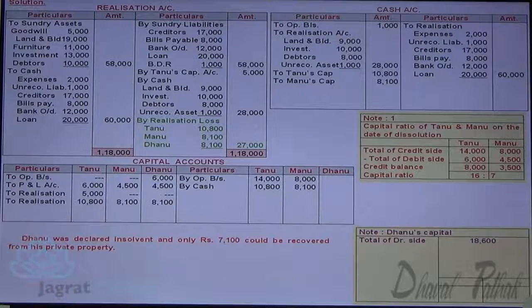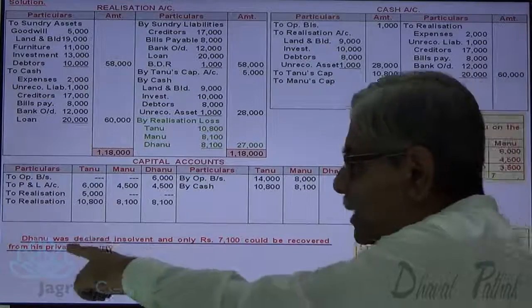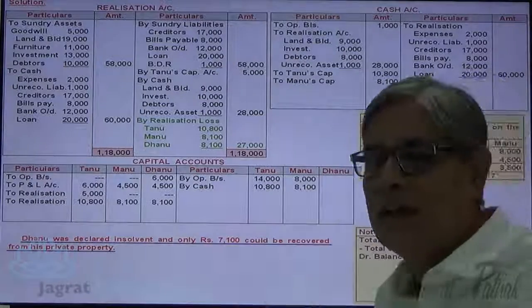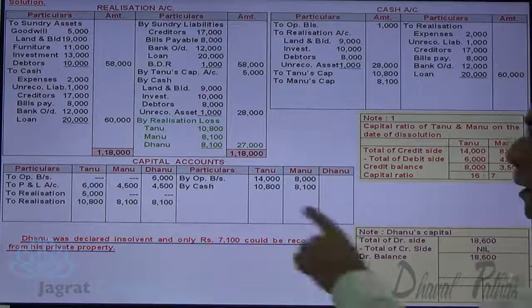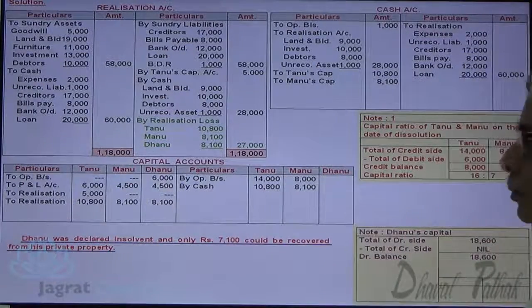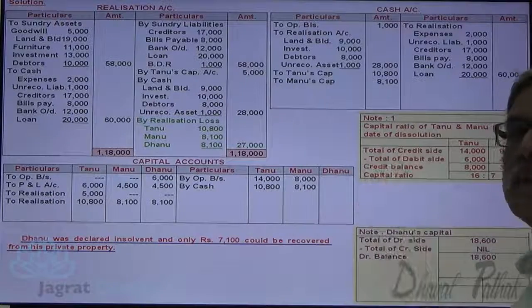If at all there be anything, it will be deducted. Here the total of the credit side is nil. So 18,600 is the debit balance. Against that, Dhanu brings only 7,100. So amount due from Dhanu is 18,600. That is the debit balance of Dhanu's capital account. Against that, he brings only 7,100.